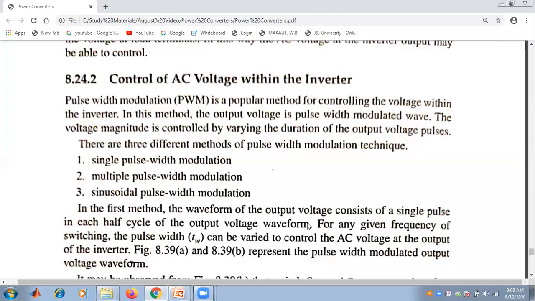There are three different methods of pulse width modulation technique. One is known as single pulse width modulation, followed by multiple pulse width modulation, and the third is sinusoidal pulse width modulation, which is known as SPWM.